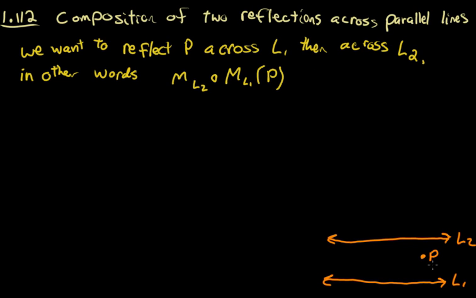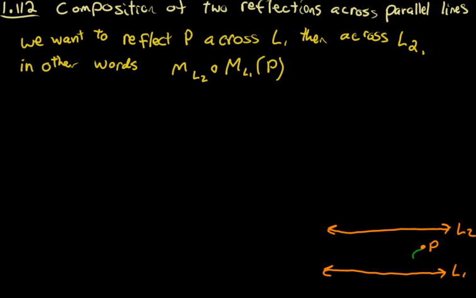To reflect P across L sub 1, let me scroll down just a little bit. So to reflect P across L sub 1, because it's a reflection, it's going to be the same distance, just on the other side.